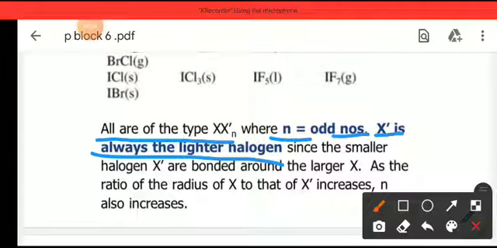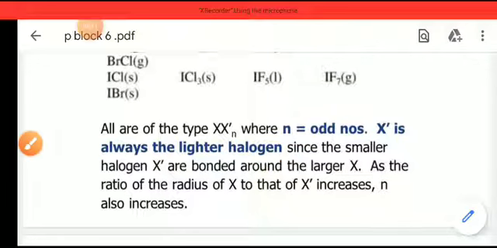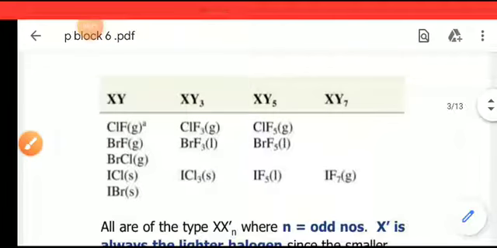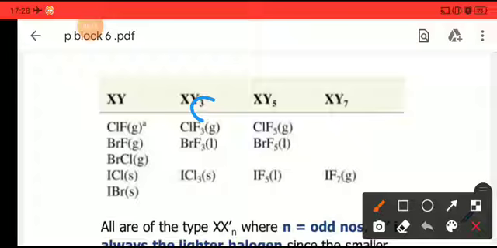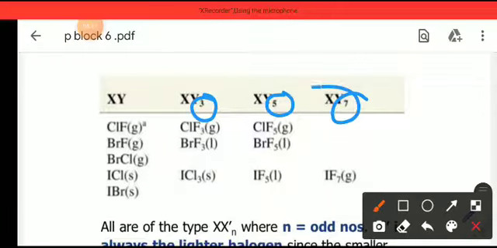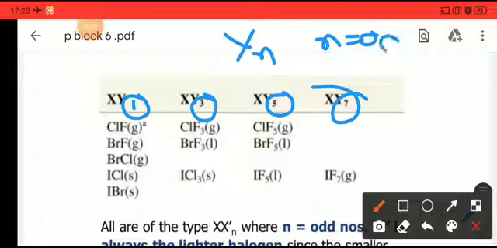The number of substituents is 1, 3, 5, 7, all of them odd numbers. So you can remember that as well.